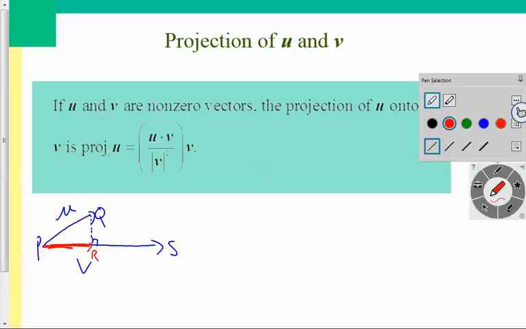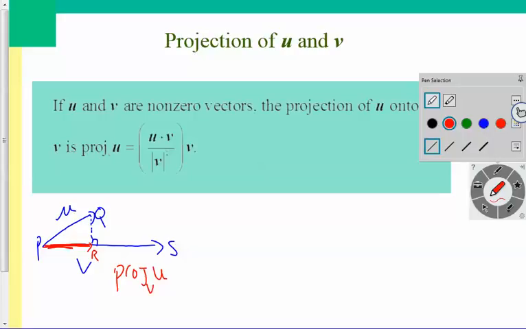So the vectors u and v have a projection, whatever that PR is right there. PR would be the projection of u onto v.